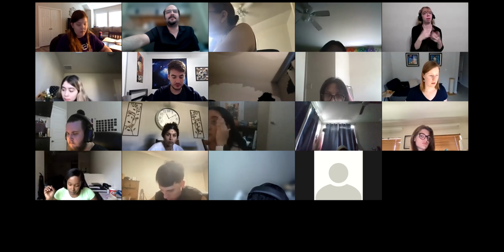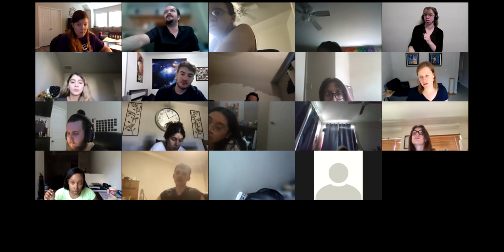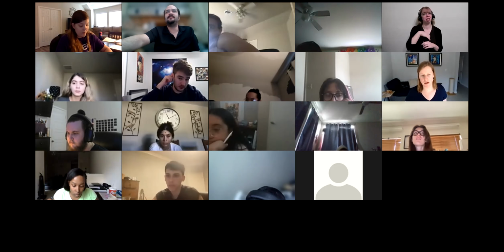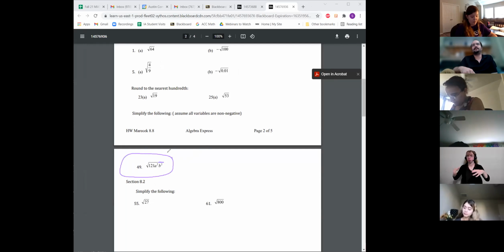Is 49 supposed to be extended all the way, or is it just? Yeah, 49 looks a little weird. So just to be mathematically correct, let's just extend it. Because I can't tell, so let's just extend it for the sake of us doing this problem. Technically the bar should be clear about whether or not it's over the variable. So on 49, I'm just going to extend it. So that way it's very clear that the b squared is under.